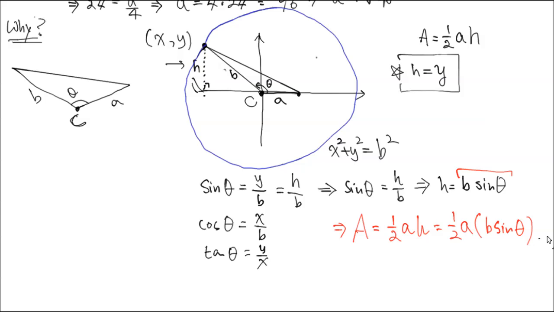That H is replaced by B times sine theta, right? So what is B times sine theta? It's really the height of this triangle. It doesn't matter if it is an obtuse angle so that it's over there in the second quadrant or the first quadrant. Sine theta will pick up the correct sign, positive or negative, and a positive value will go in there. Did you recognize this is a formula that we've been using? 1/2 times A times B times sine theta.